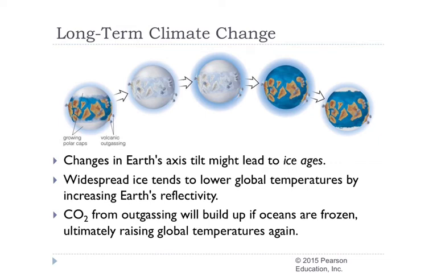It ends up being an issue. We see these CO2s from outgassing build up into oceans and they're frozen, and then ultimately they get released. So there is this natural cycle of those gases, but it takes a long time. With us digging up fossil fuels, the argument is that we're speeding up that process a lot faster.